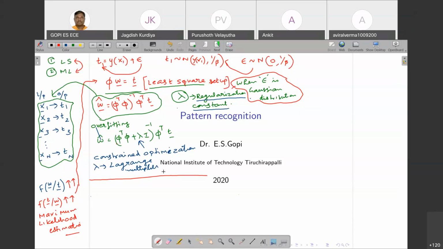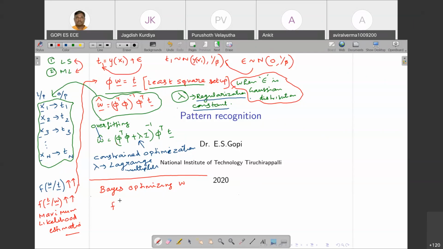Today, we are going to extend this concept to Bayes optimization, right? Optimizing W using this Bayes concept. The idea is very simple.